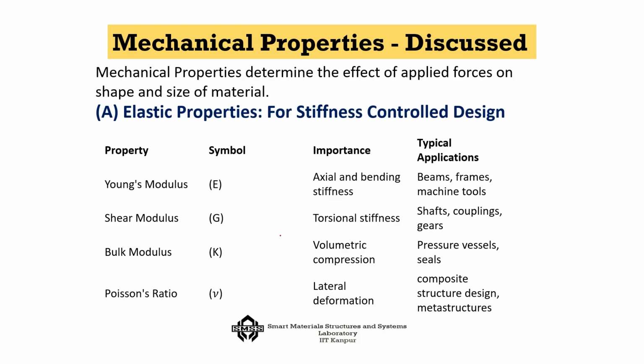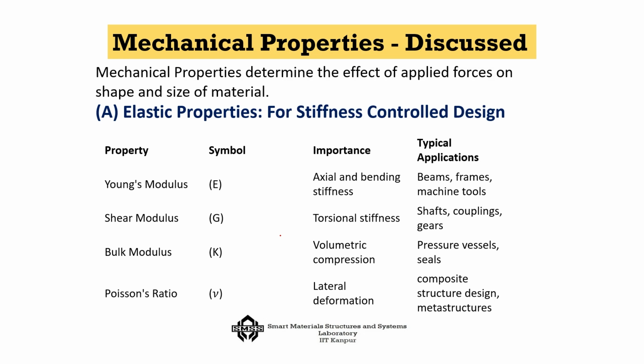Now, what I have already discussed in the last lecture, I have talked about those mechanical properties which determine the effect of applied forces on shape and size of material.